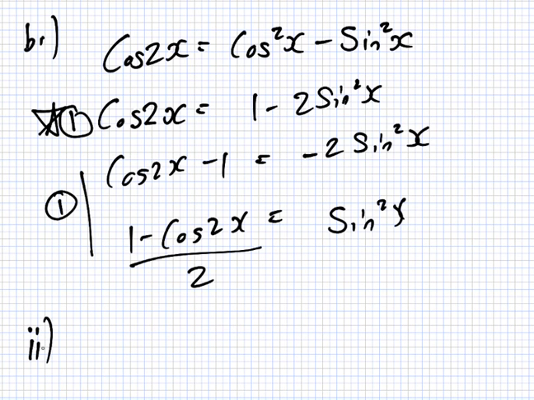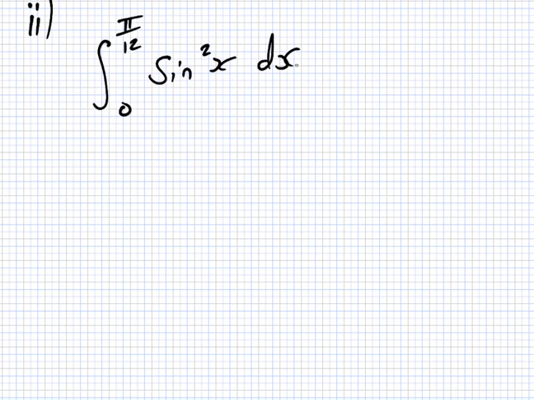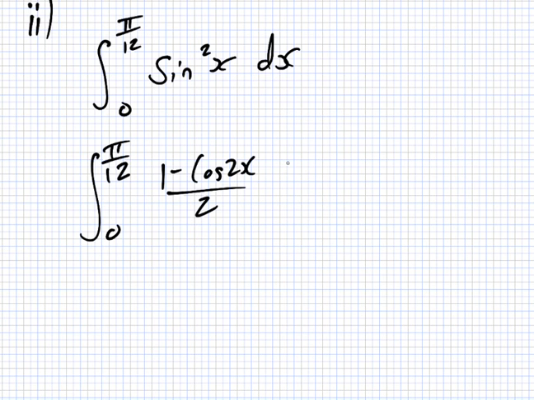Approximately. So, good. Okay, and the last thing is use your result to calculate this. The integral from 0 to pi over 12 of sine squared x dx. So we can use our formula for sine squared. It's 1 minus cos 2x over 2.